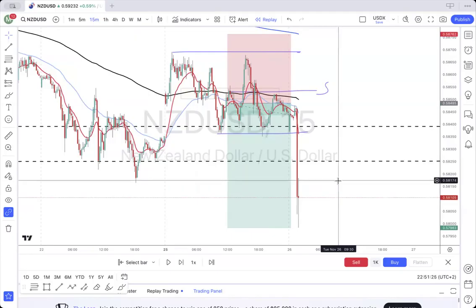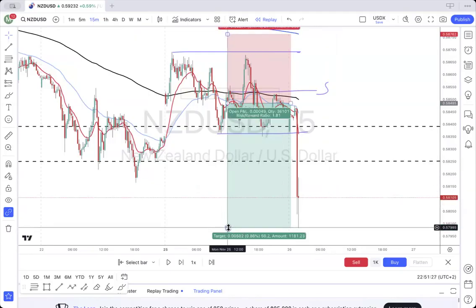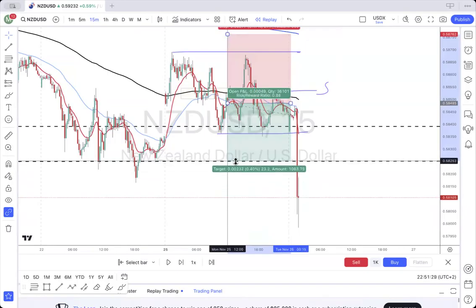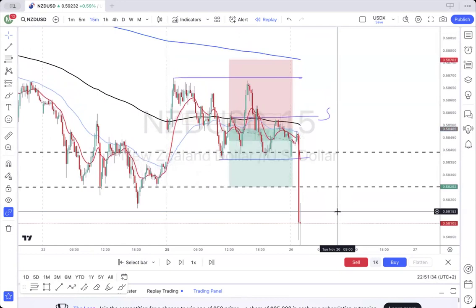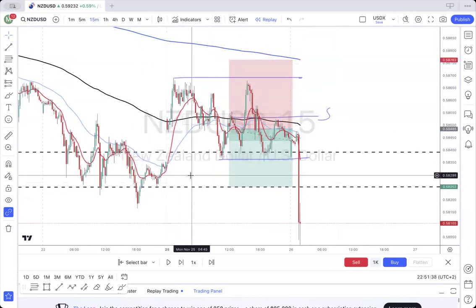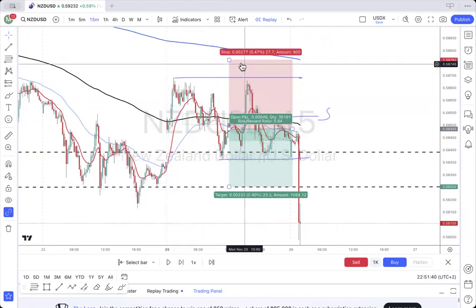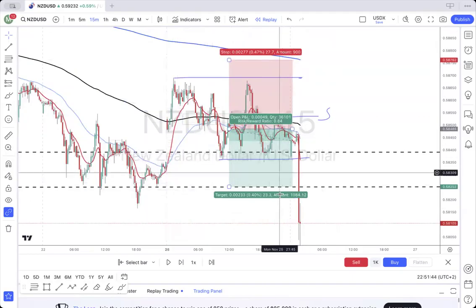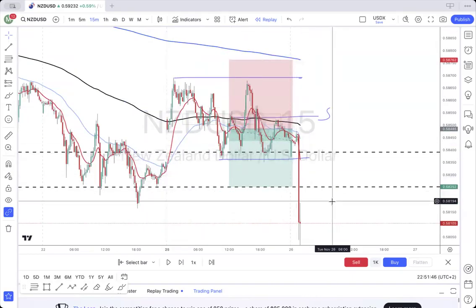So that was going to be good. But if your TP was here, then that means this is a risky trade. Remember what I said? Because it is too close to your point of interest. It's a risky trade because your stop loss is right there. It's actually bigger than how much you want to get out of the market.